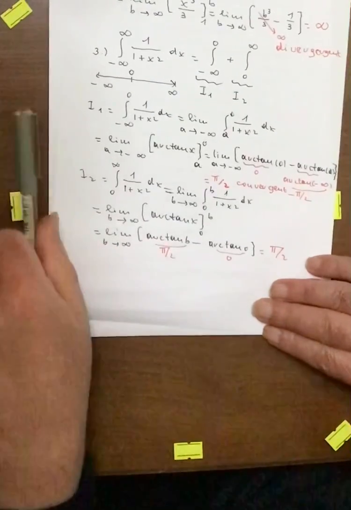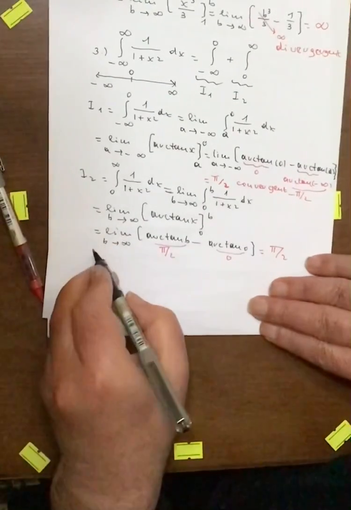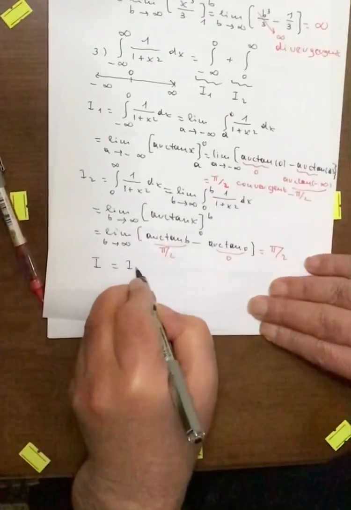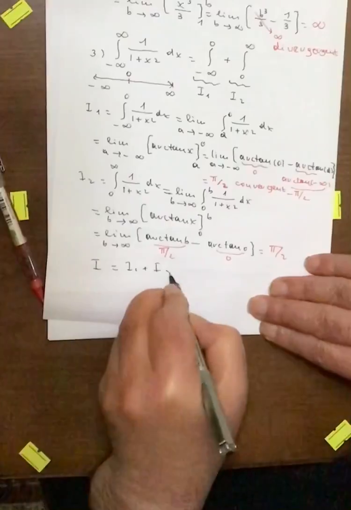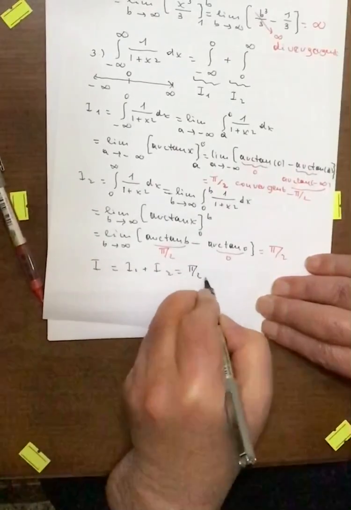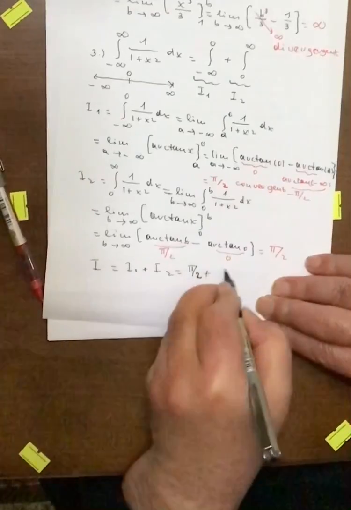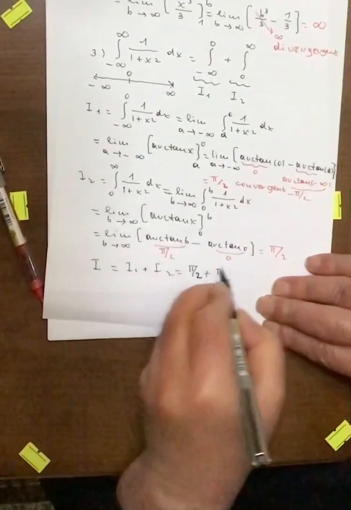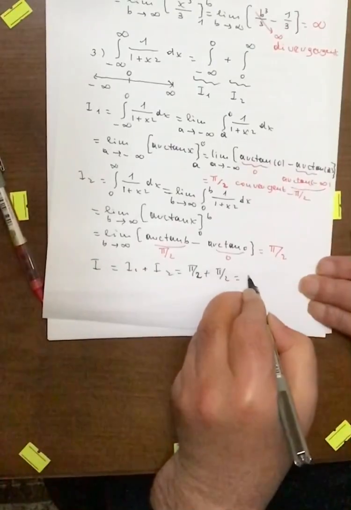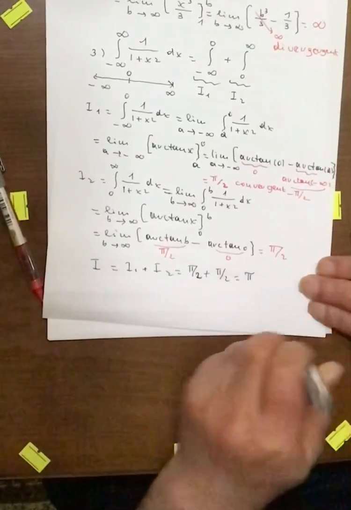Now our integral is I1 plus I2. I1 is pi over 2, and I2 is again pi over 2, and so our result is pi.